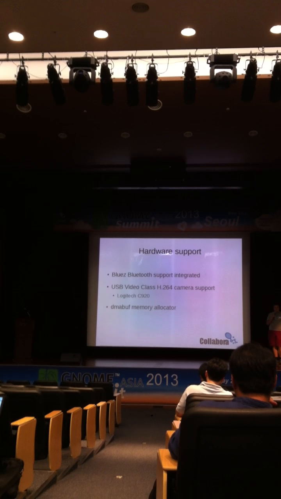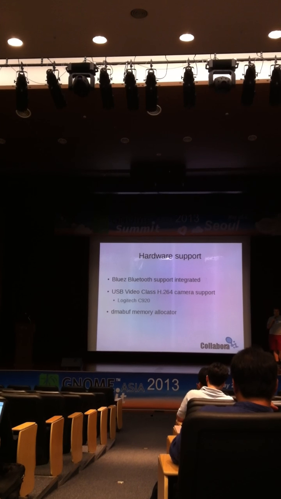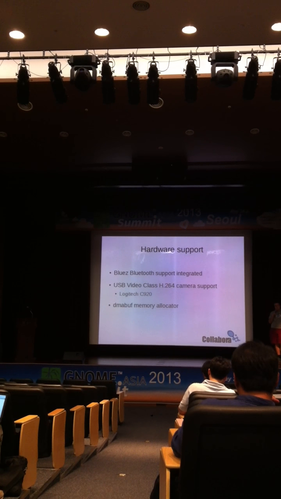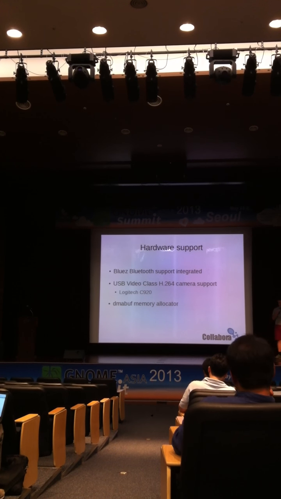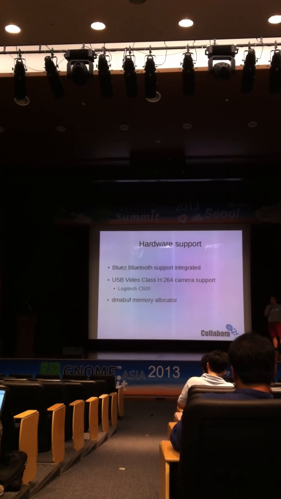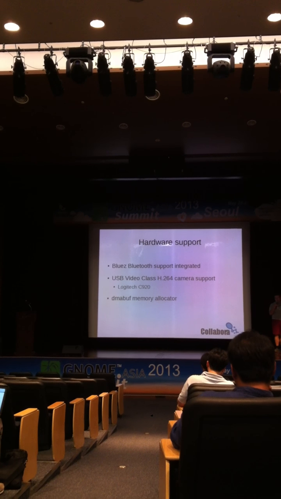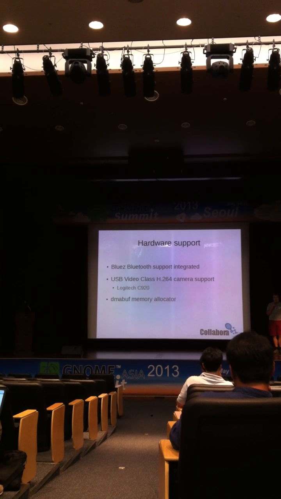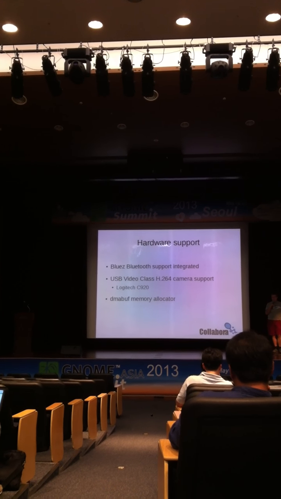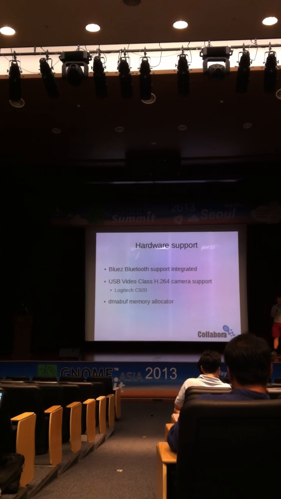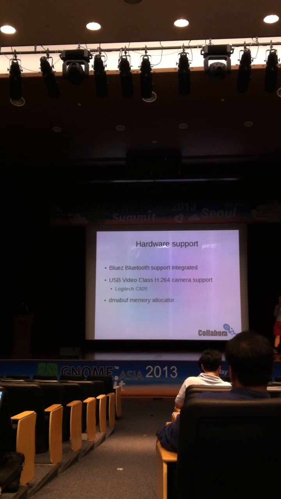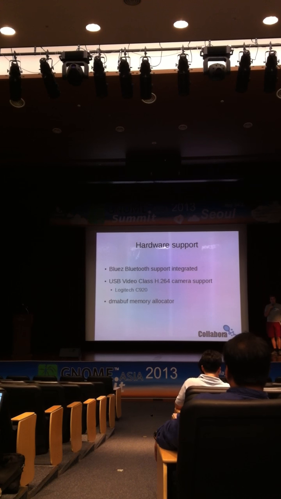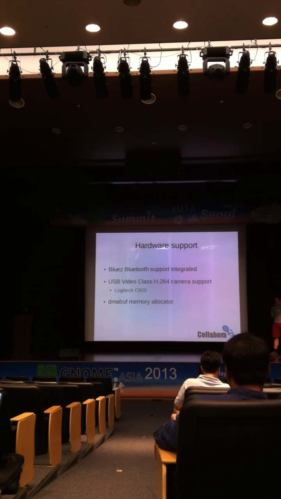So if you plug it in, you can get the H.264 encoded in 1080p from the USB camera and make video calls using that. So you can do 1080p video calls on a relatively small device. We did a demo a couple of months back on an OMAP4 platform, the Panda board, of 1080p video calls with encoding on the camera and decoding on the hardware development platform, all that with GStreamer.